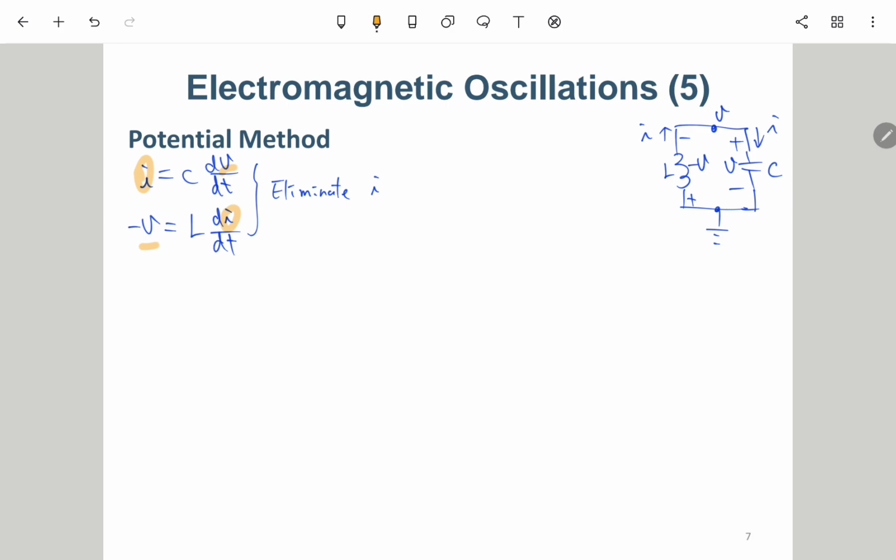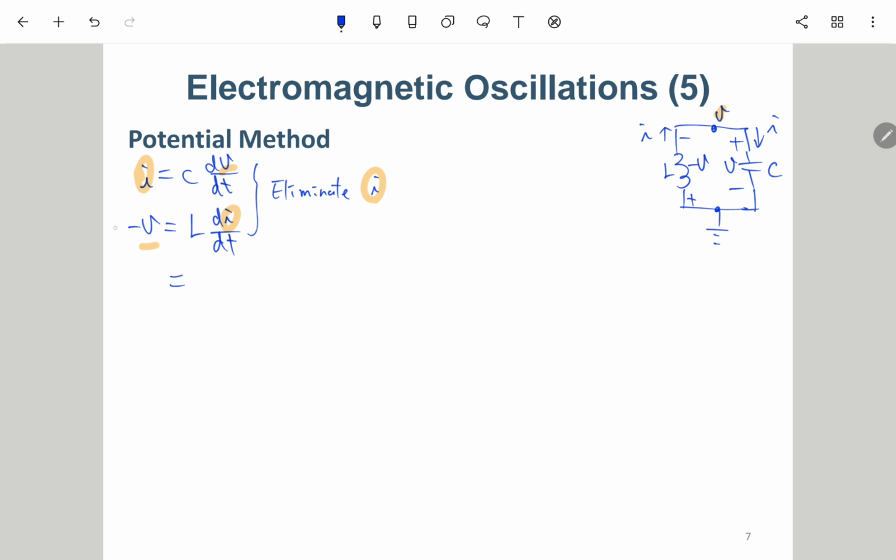Okay, and then we have two ODEs here. So we may eliminate one so that it becomes a single equation with only one unknown function. So here we like to eliminate I, because this is a V. To eliminate I, it is very simple.